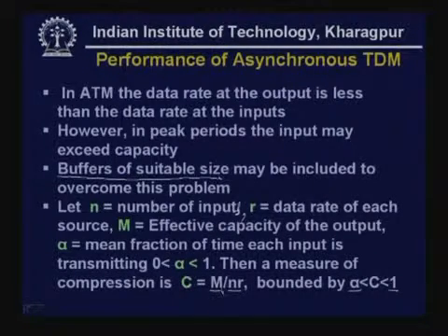That will depend on the value of alpha and also n and r. So, the performance of time division multiplexing can be decided based on the statistical phenomenon, that is, the mean fraction of time each input is transmitting, and we can also add buffers to improve the performance.